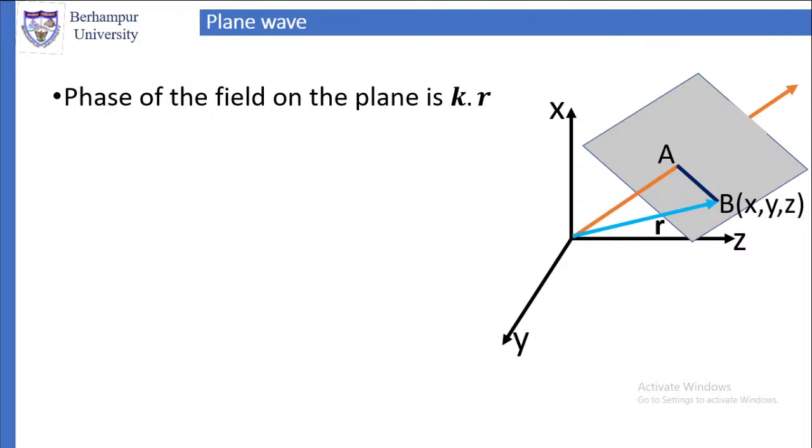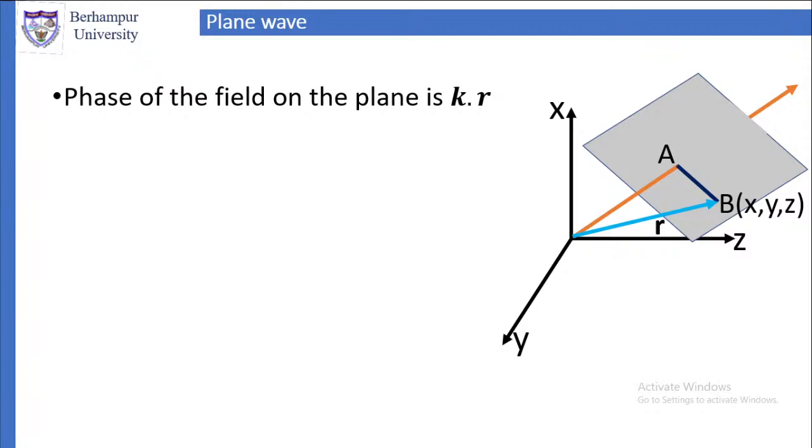When we say phase front, it represents the locus on which the phase remains constant. So on this plane, the phase is constant. If we measure the phase of the wave on this plane, that phase will remain constant. And now, what will be the phase?